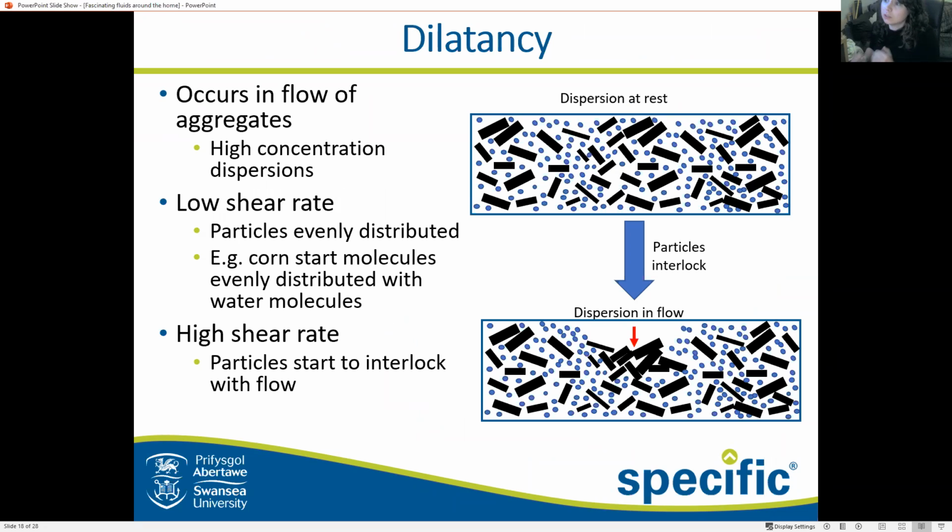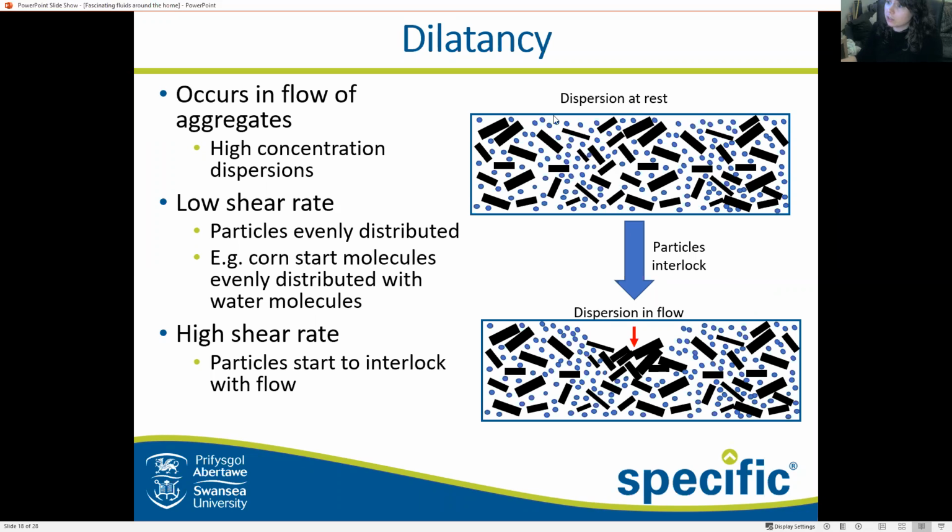So this occurs in high concentration dispersion. So an example you may find if you go outside is quicksand, because that is a very high concentration dispersion of sand in water. And at high shear, it changes quite dramatically.